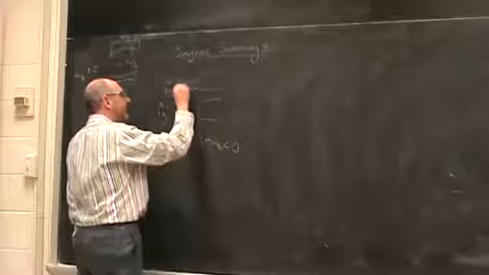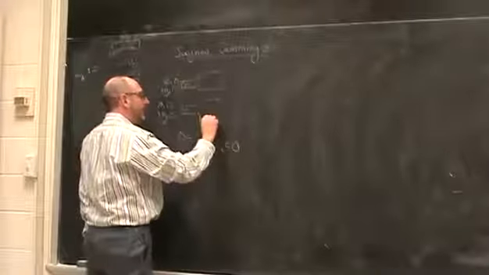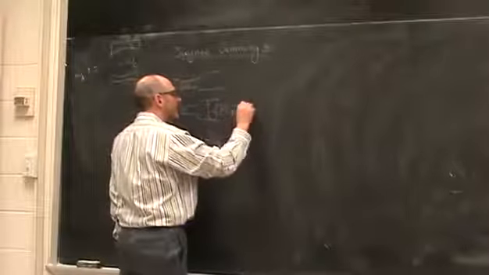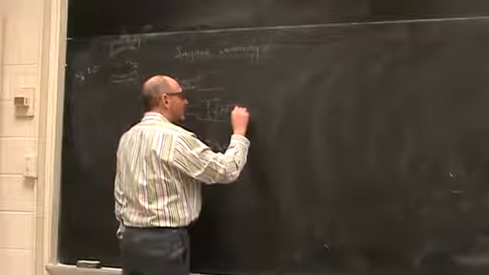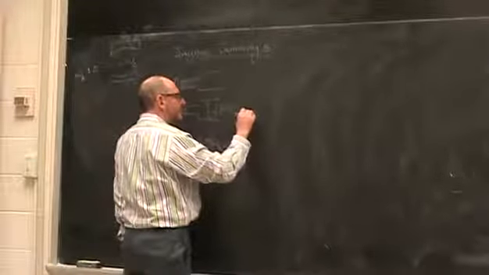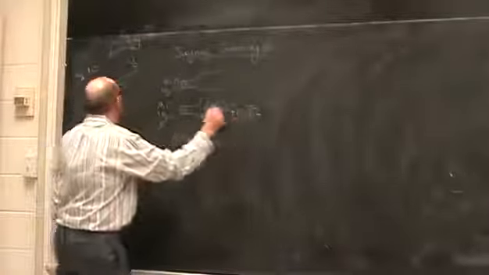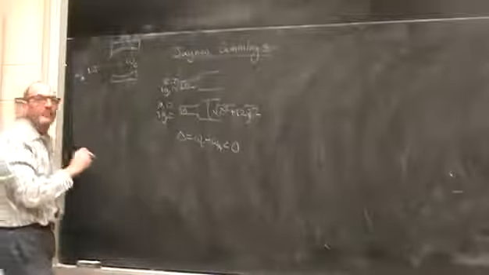This splitting is delta, and this splitting here is the square root of delta squared plus 2g squared, where g is the coupling constant between the two-level atom and the cavity.